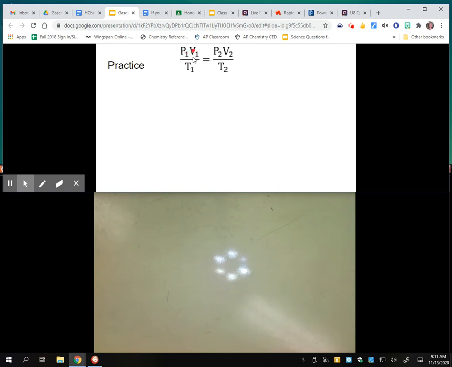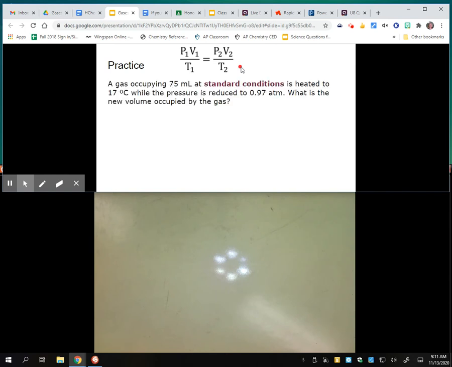Again, pressure times volume over temperature in situation 1 is equal to pressure times volume over temperature in situation 2. So we have this problem right here, and now we're going to identify our variables. We have a gas occupying 75 milliliters.